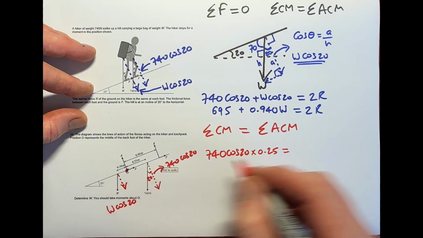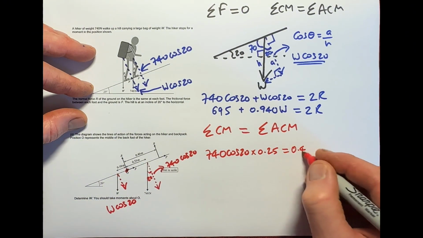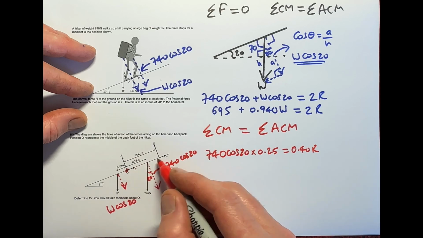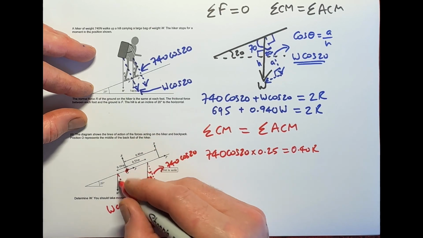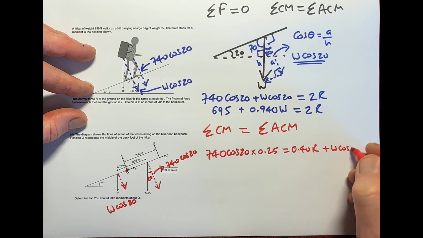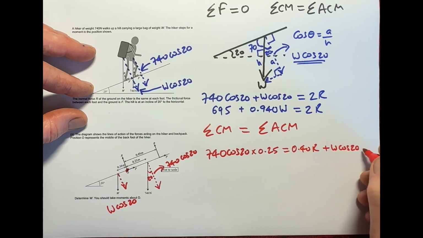That is equal to 0.40 R, because that multiplied by the distance, that's acting anti-clockwise. This is also acting anti-clockwise, so that's W cos 20, times 0.1, okay?